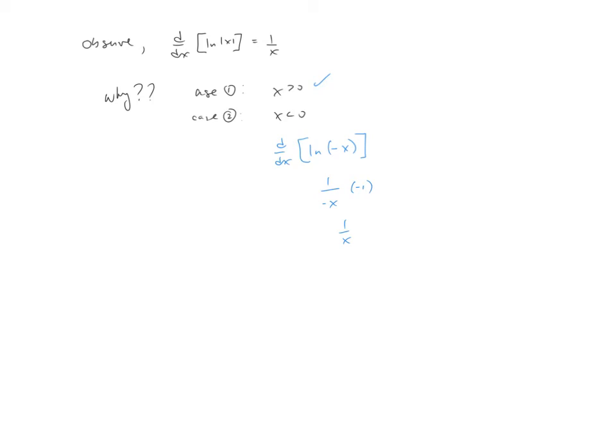So no matter if x is positive or negative, when we take that derivative of the natural log, we always get this 1 over x, okay? And that's going to now help us with our integral. So we know that the derivative statement is true. Therefore, the integral of 1 over x dx is going to be equal to the natural log of the absolute value of x plus c.